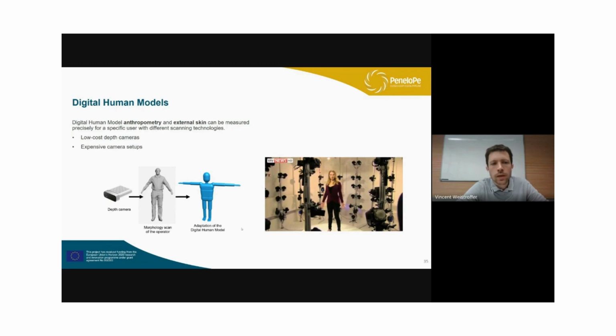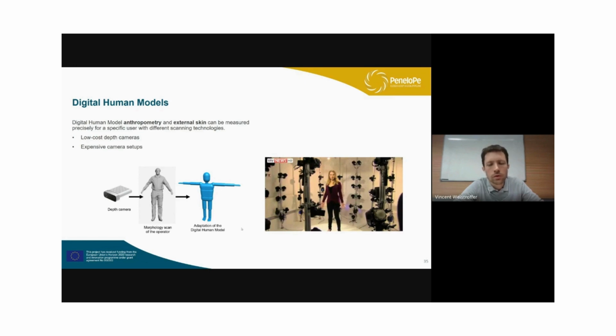And since it's a depth camera, it will also give you some details about the external skin, as you can see on the picture. Based on this information, you can compute your digital human model automatically from the scan performed by the camera.